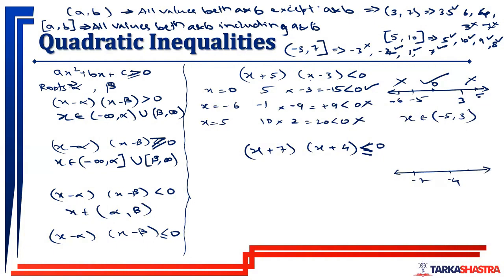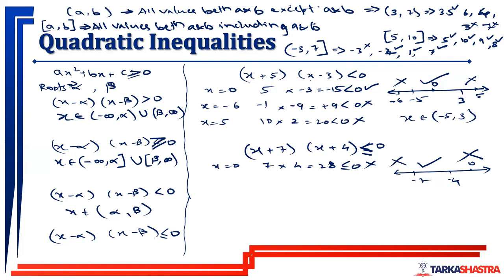What we generally do? We try with 0. If I put x is equal to 0, this will be 7 into 4, which is 28. Is it less than equal to 0? No. So this range will not work. If this range does not work, this range will definitely work and this range will not work.